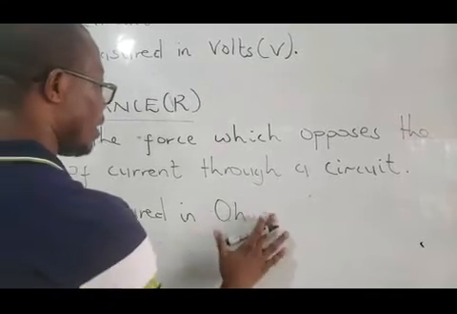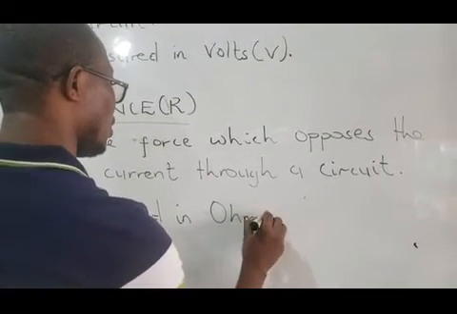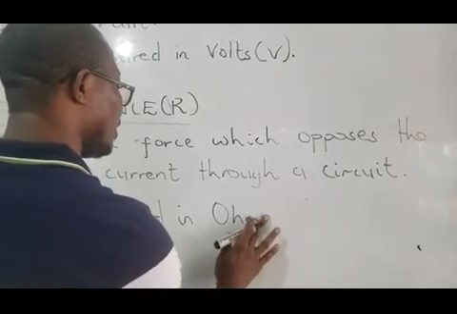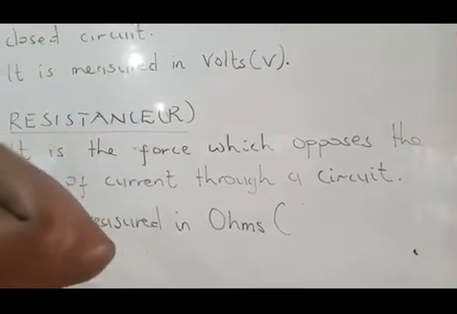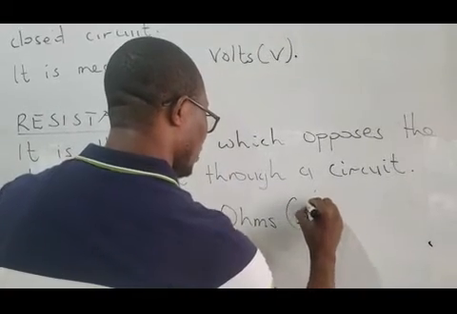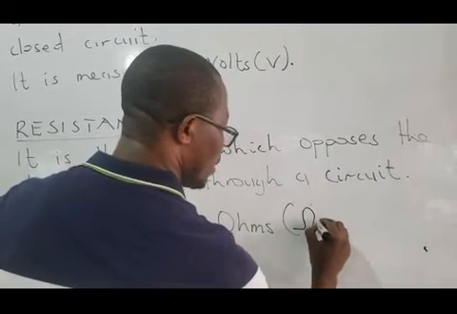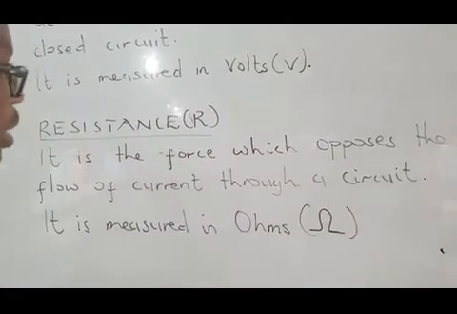Ohms is actually a name of a person. So it is written with capital O. The symbol of ohms is this. So take note of the symbol of ohms.